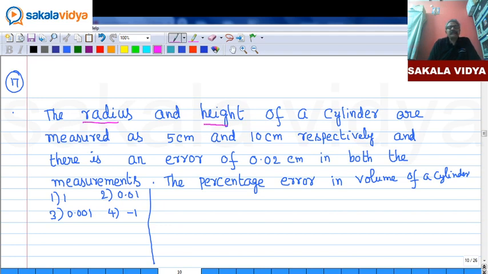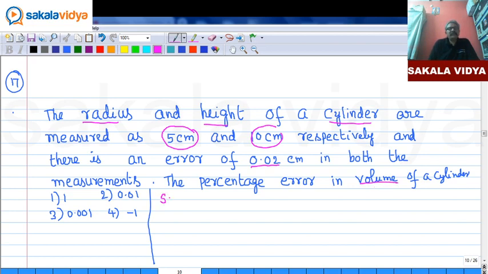Radius and height of a cylinder are 5 centimeters and 10 centimeters respectively. Error in height is also 0.02 centimeters, error in radius also 0.02 centimeters. Then the percentage error in the volume we need to find out.